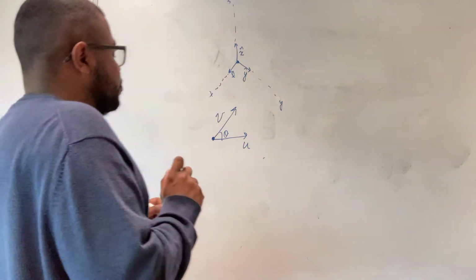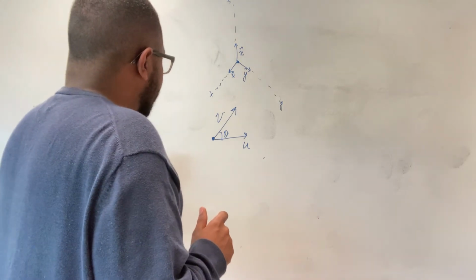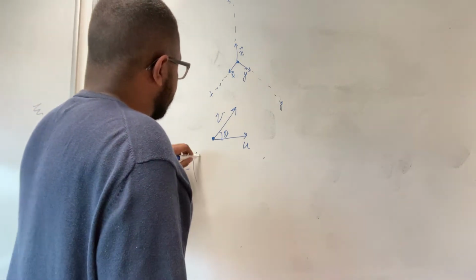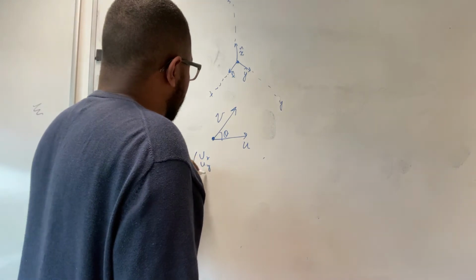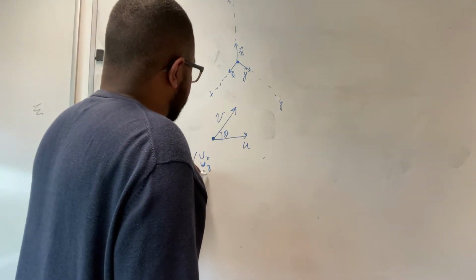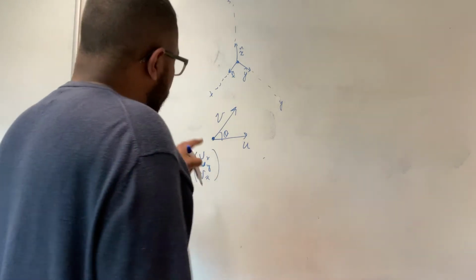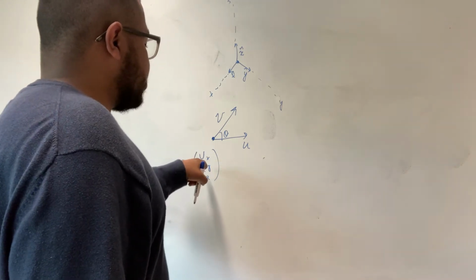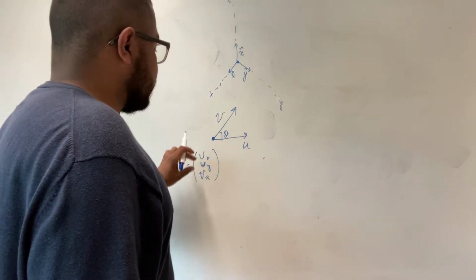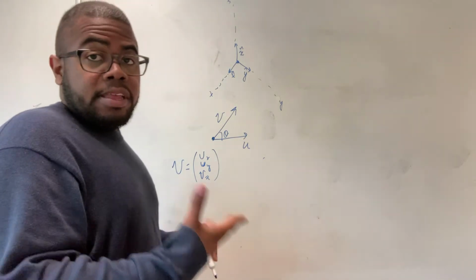So the first thing that we're going to note is we had, for example, v equals vx, vy, and vz. We can write these components of the vectors in terms of index notation.